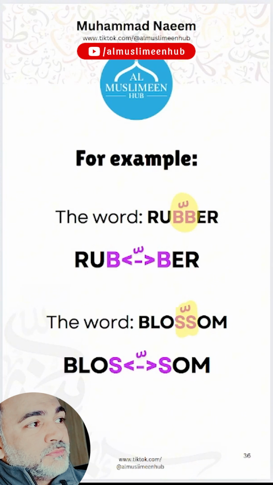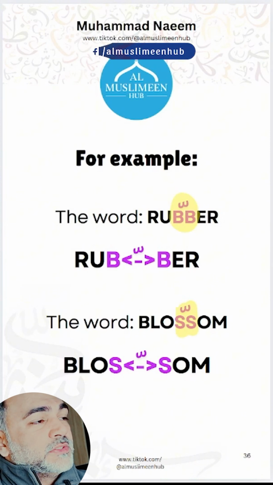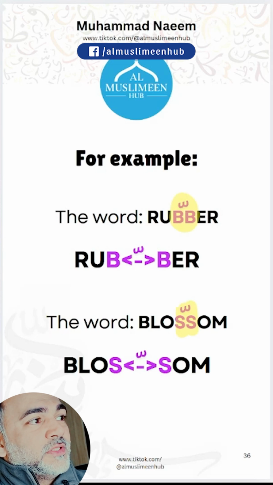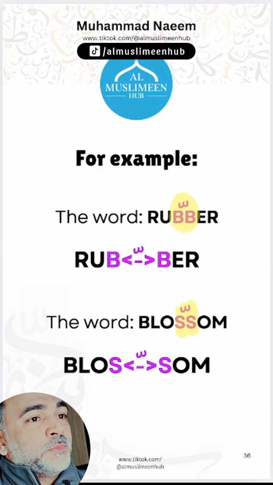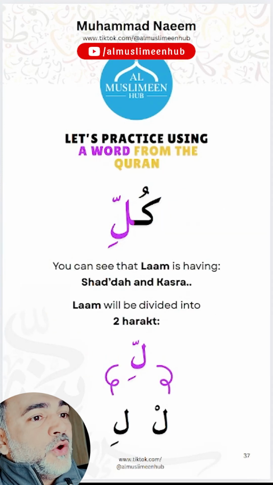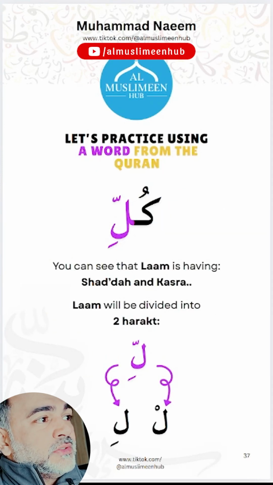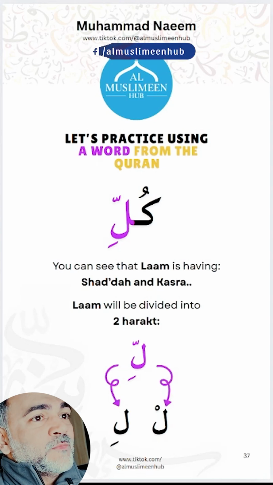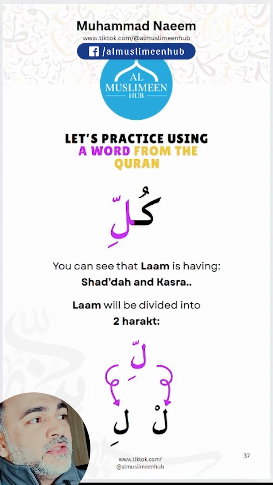See, blossom. You repeat the letter S twice. So what's happening on that double letter? There is a shadda on it. That's why you repeat it twice. I hope that was clear how you break the shadda into two components. The two components are what make you pronounce that alphabet twice.